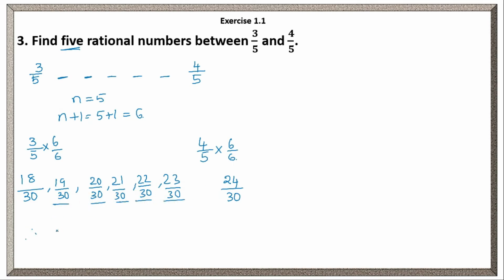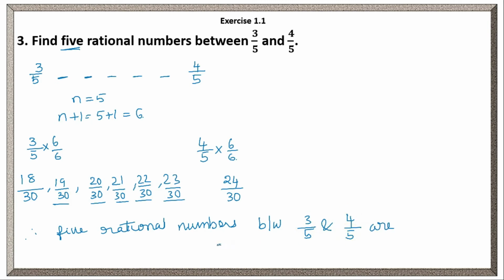Therefore, 5 rational numbers between 3 by 5 and 4 by 5 are 19 by 30, 20 by 30, 21 by 30, 22 by 30, 23 by 30. Clear? Right.